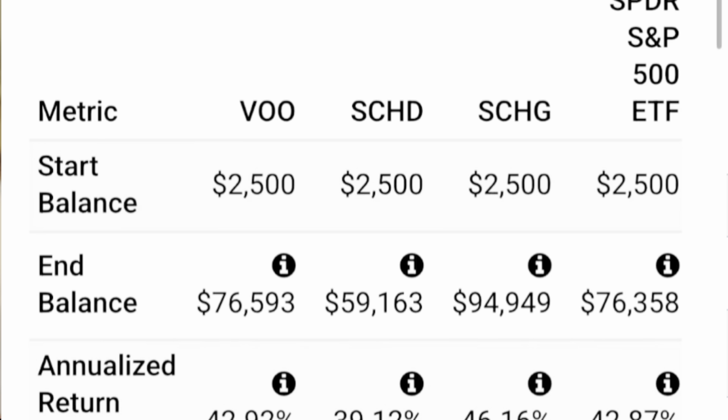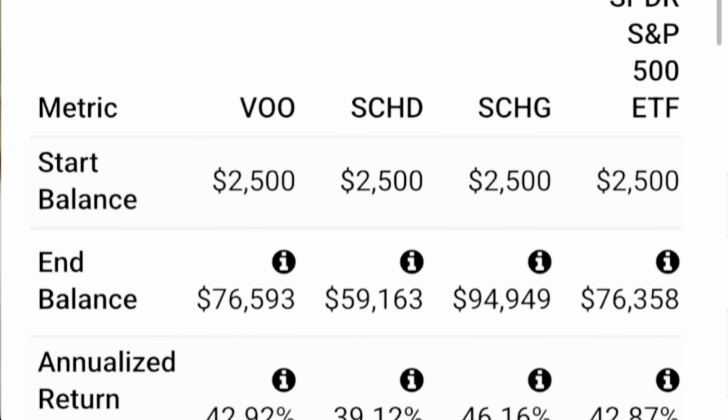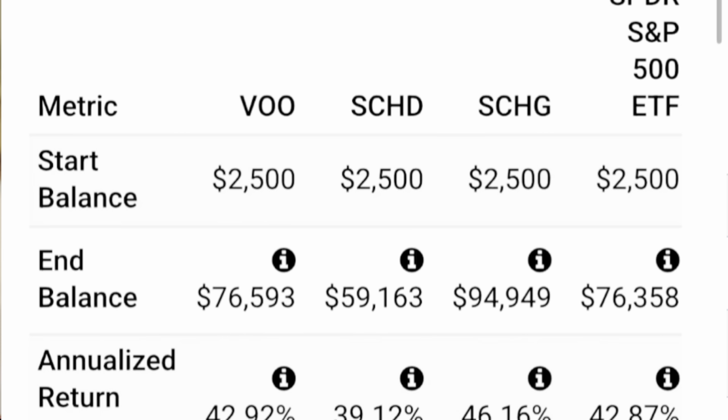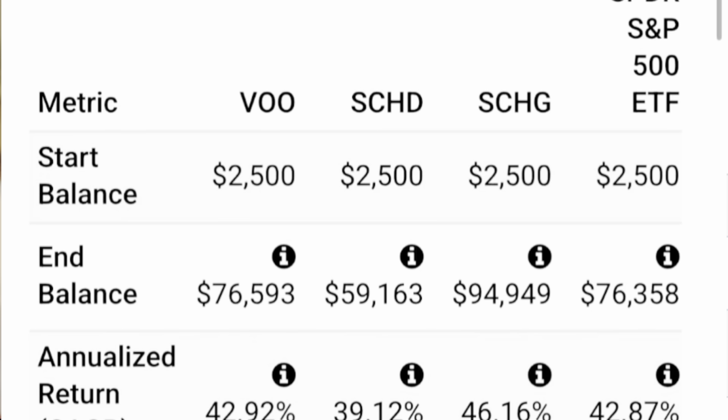In SCHD, your total return would be, let's say, $59,163, which is not bad. It's way lower than VOO, but still, you are still invested in the market instead of just giving the money away to your car insurance. And with SCHG, after all the volatility, everything that happened in the last 9, 9.5 years, it's crazy.